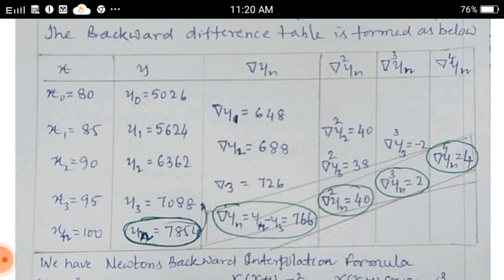First backward difference, we denote by the backward difference operator del yn is equal to. From the last or from the first, either is fine. Remember the definition.